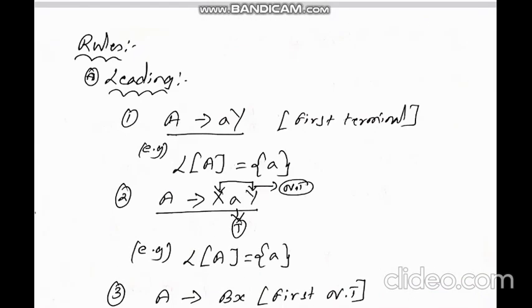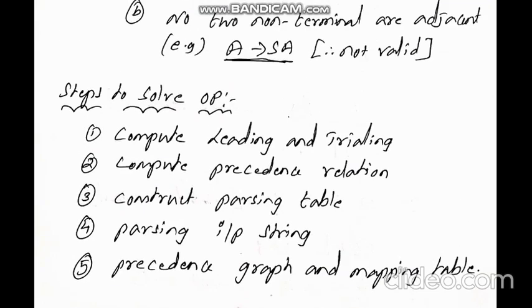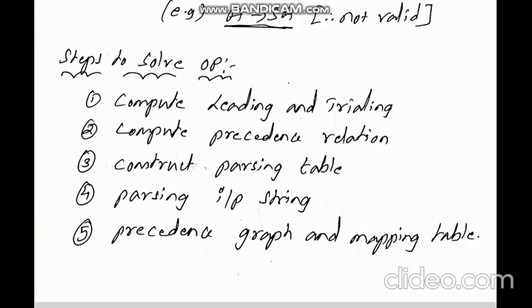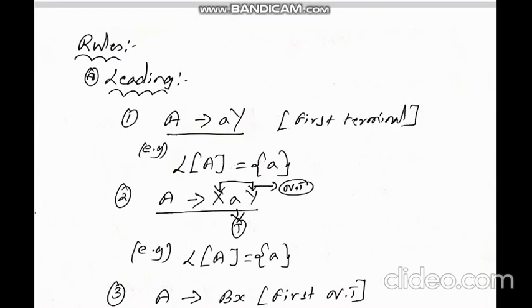The first thing we are going to find here, as we have already discussed, is the leading and trailing. For this leading and trailing, we have rules to be followed. Number one: A, a non-terminal, tends to small a, a terminal, followed by capital Y, a non-terminal.